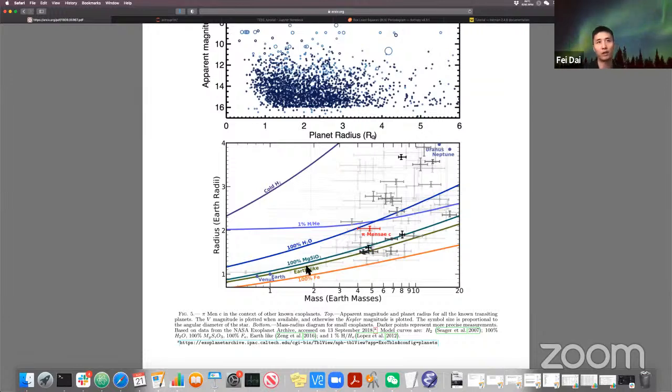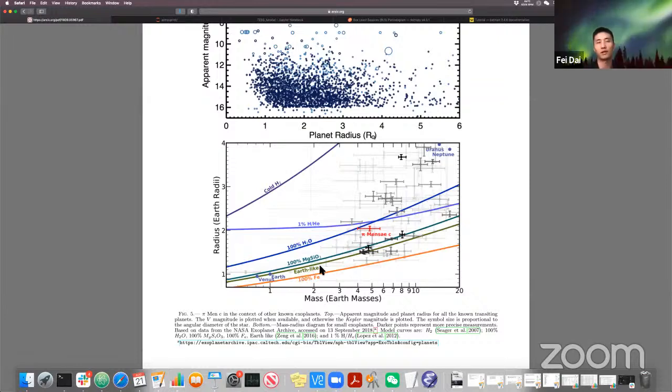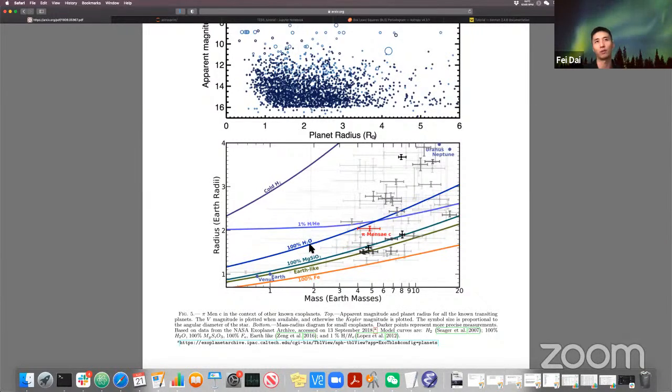You can also see plotted here theoretical mass radius curves for a bunch of compositions. For example, 100% iron, Earth-like composition with 30% iron and 70% magnesium silicate, 100% magnesium silicate, a purely rock-based planet, as well as a water world with 100% water.